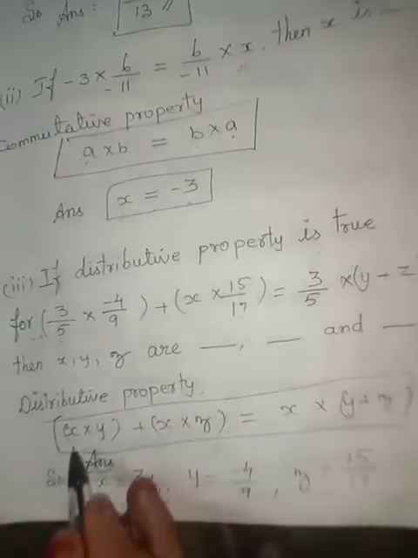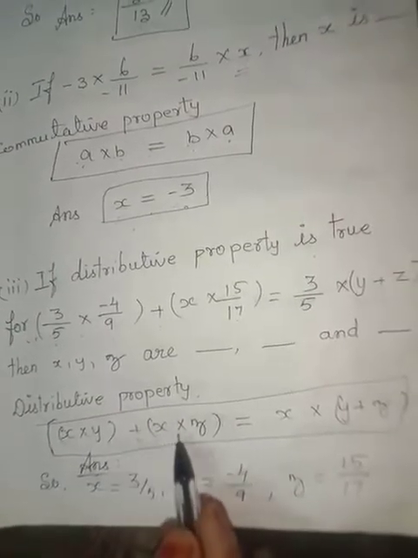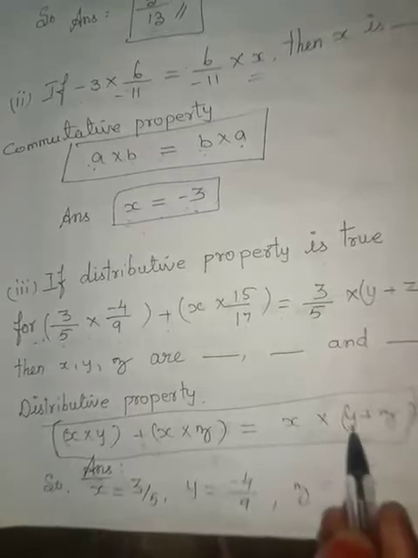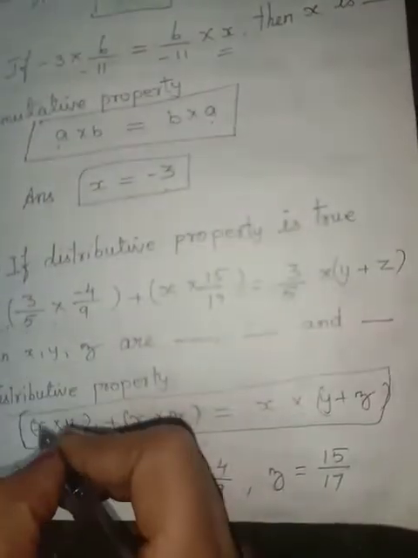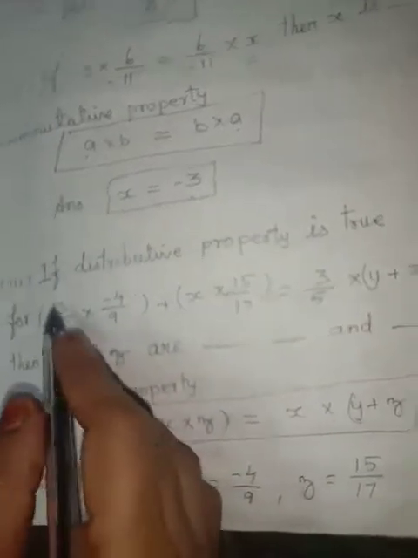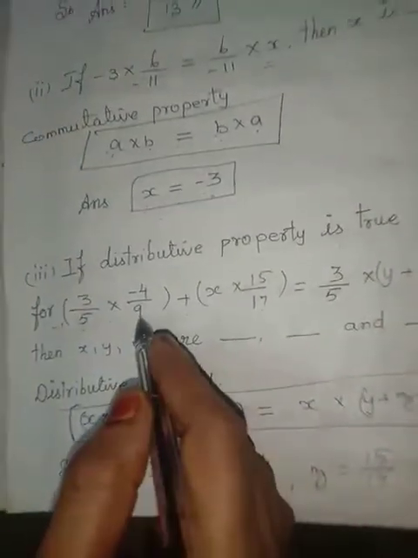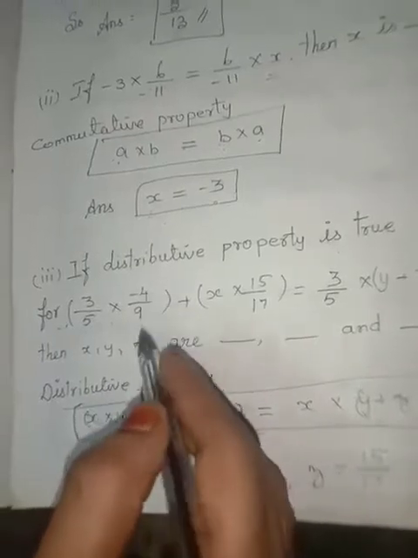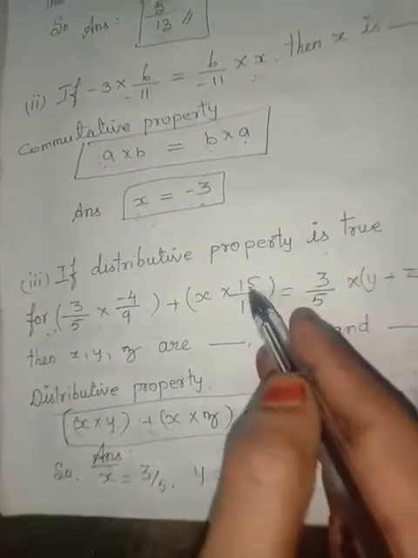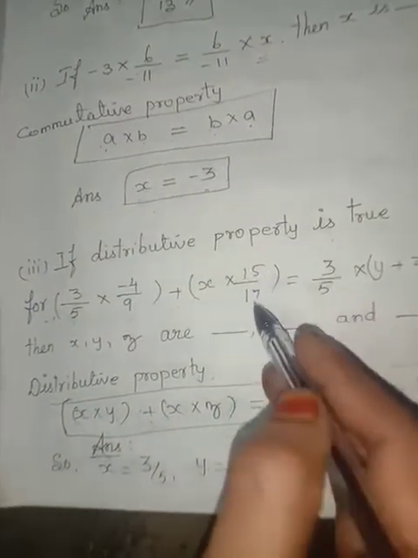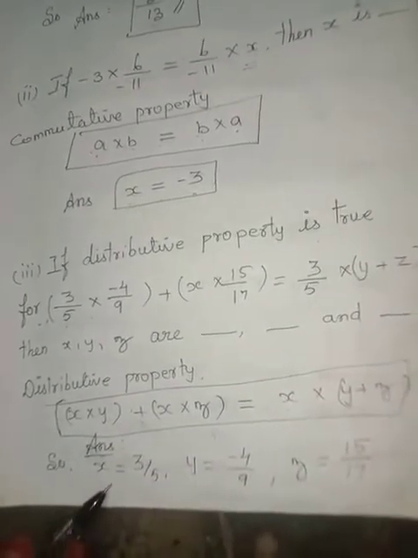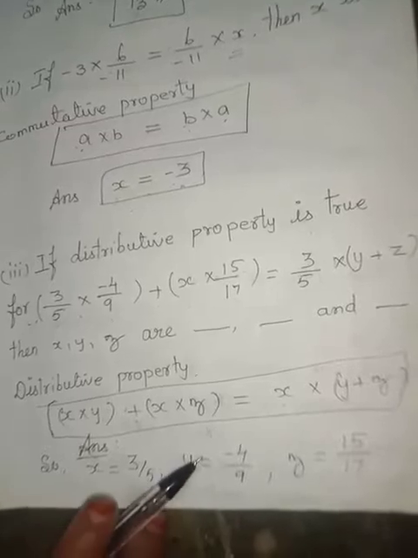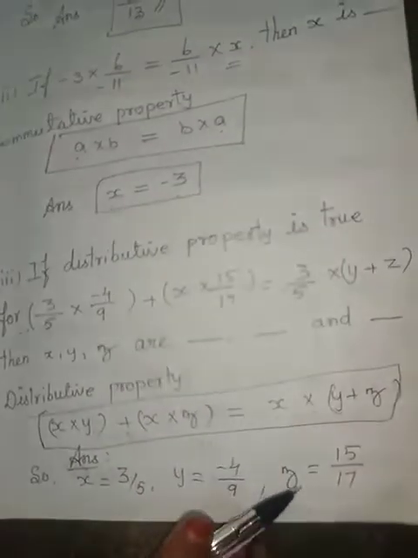That's why I write x into y plus x into z equal to x into y plus z. Comparing these two equations, in place of x we have 3 by 5. In place of y we have minus 4 by 9. In place of z we have 15 by 17. From this we can easily say that the value of x is equal to 3 by 5, y is equal to minus 4 by 9 and z is equal to 15 by 17.